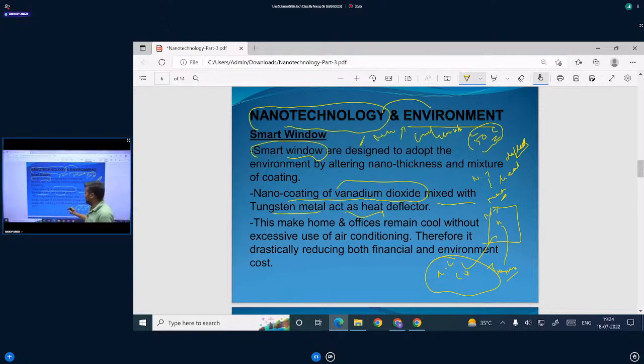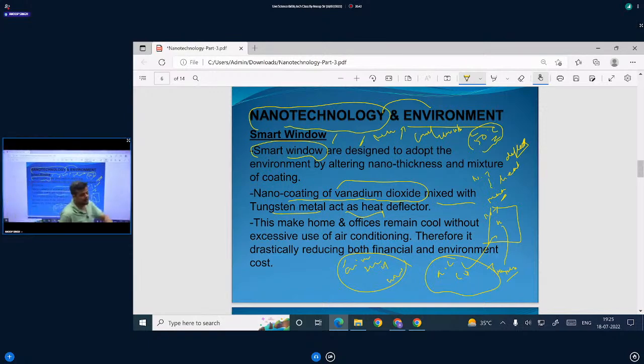Nevertheless, your aim to make the temperature of the room normal will be fulfilled with this system. In this way, nanotechnology is helpful for the environment also.